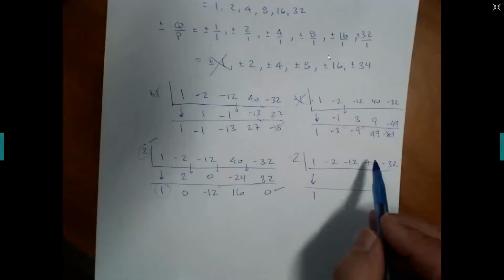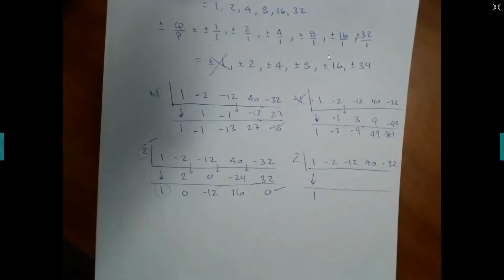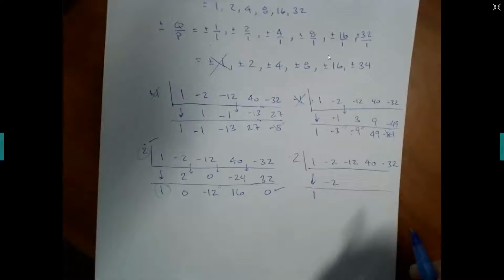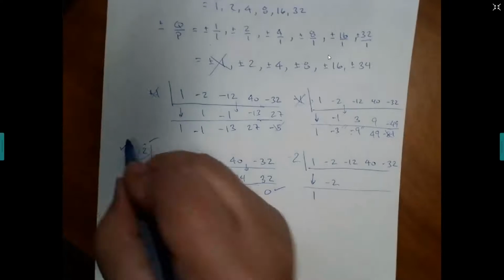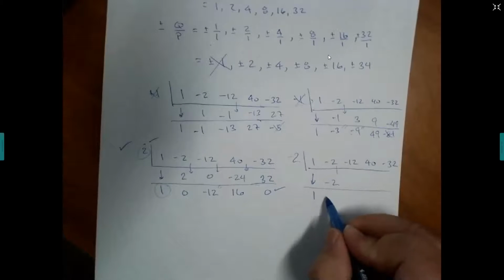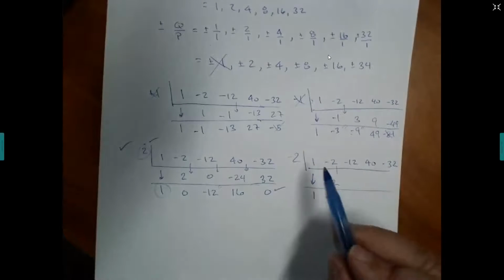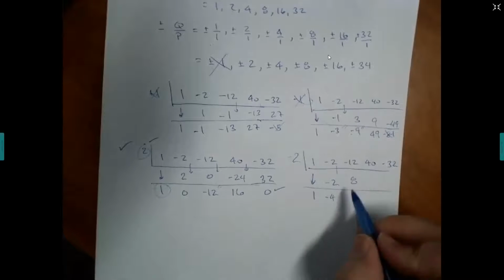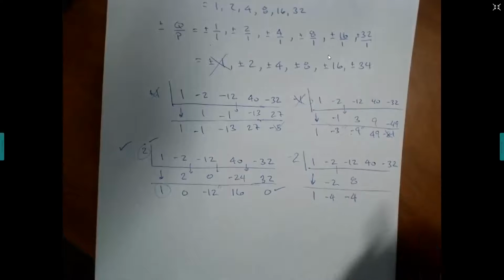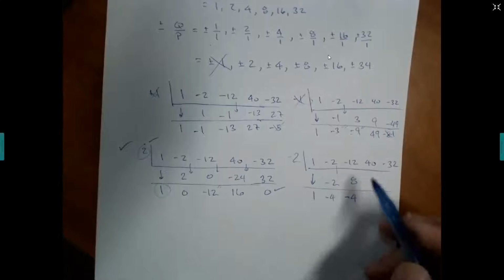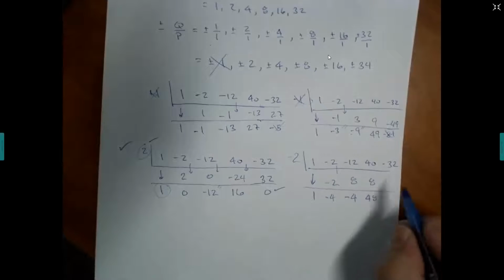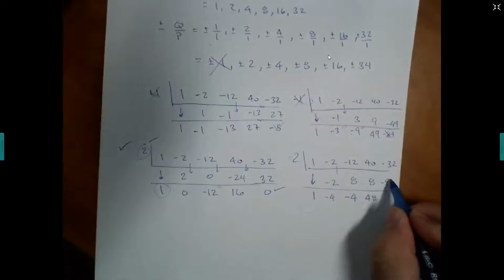We could, since we have it written out, go ahead and work this one out also, just in case it's a -2. So -2 times 1 is -2. So this is our first one. Add those, you get -4. Negative and negative is a positive. 2 times 4 is 8. -2, -4 is positive 8. 48. -96.